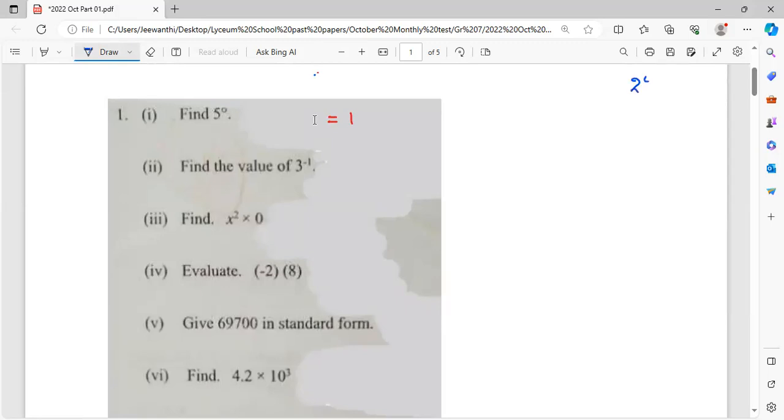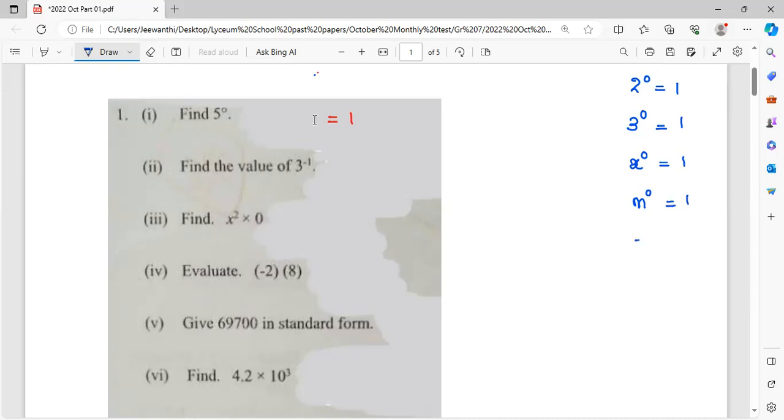Let's say 2 to the power 0, the answer is 1. 3 to the power 0, the answer is 1. X to the power 0, the answer is 1. M to the power 0, the answer is 1.